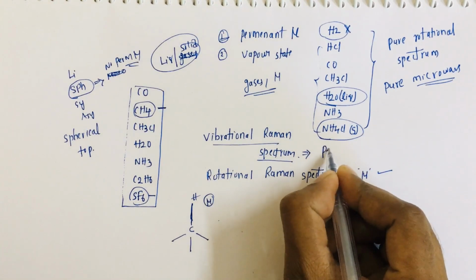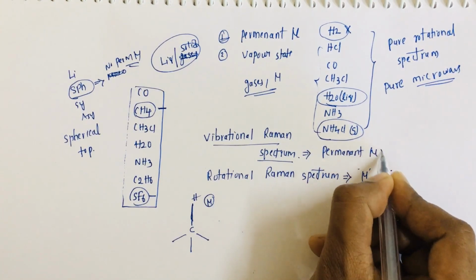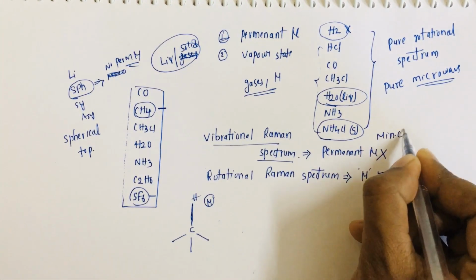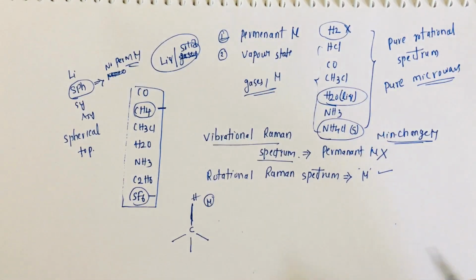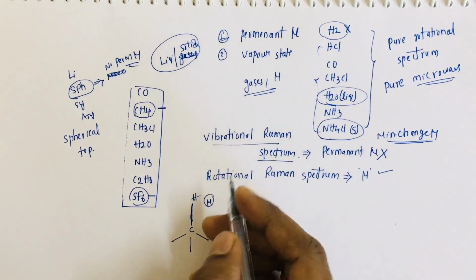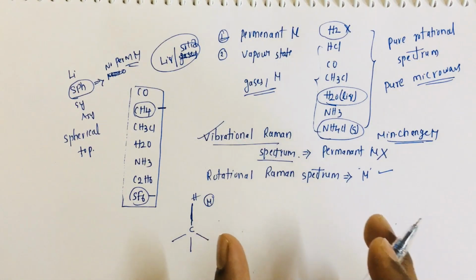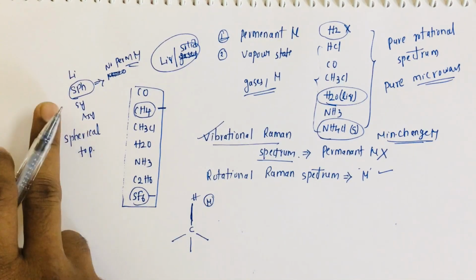A permanent dipole moment is not required here. If we can produce a minimum change in the dipole moment, that produces the vibrational Raman spectrum.